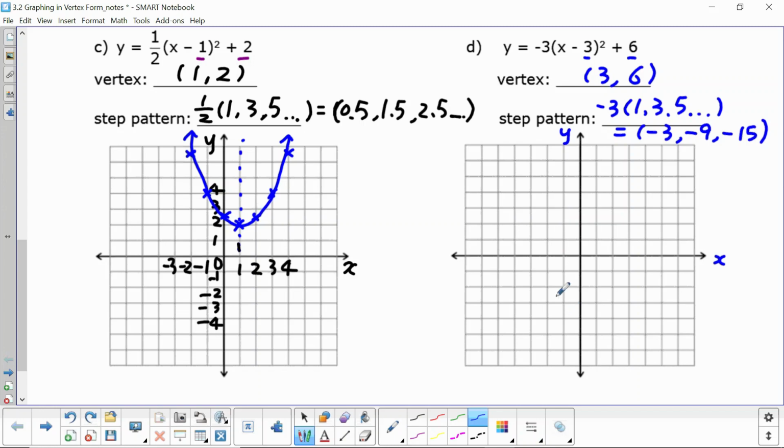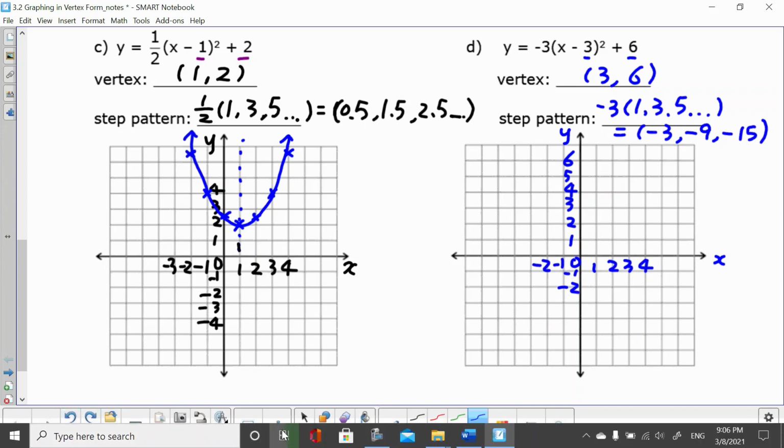So we can still go by 1, okay? So relabel it: this is 0, -1, -2. So label the scales.